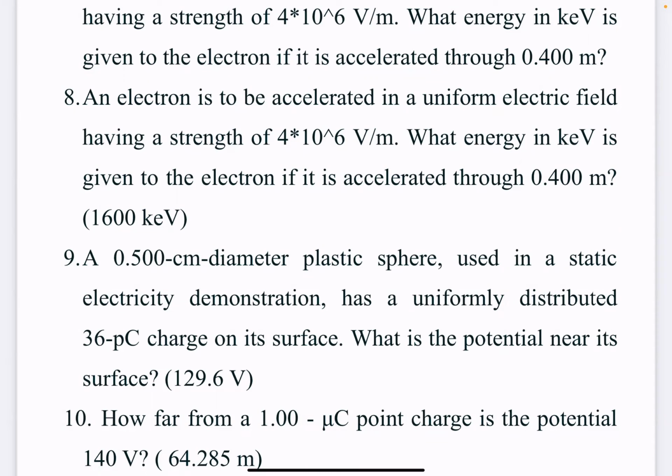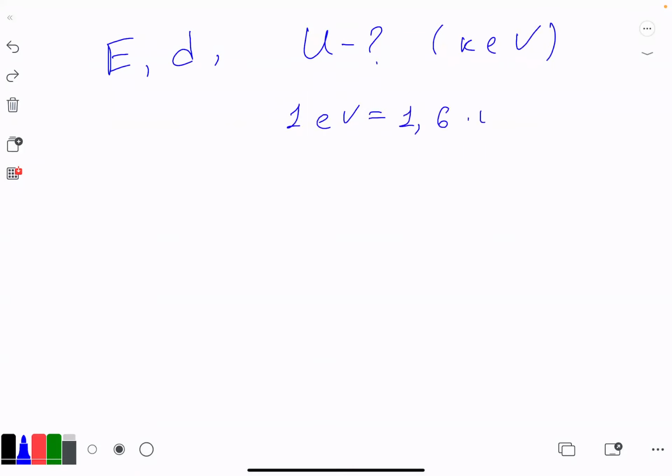You have to find the energy in kilo electron volts, right? To accelerate the electron. So what is given? E is given, D is given. You have to find U in kilo electron volts, right? 1 electron volt is equal to what? 1.6 times 10 to the power of minus 19 joules, right?